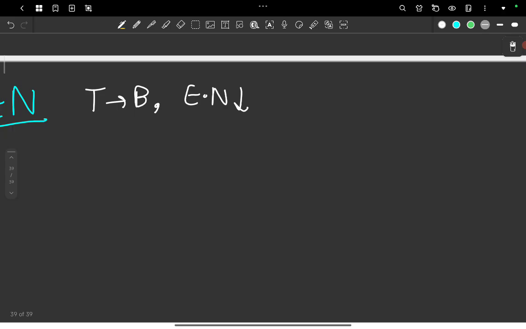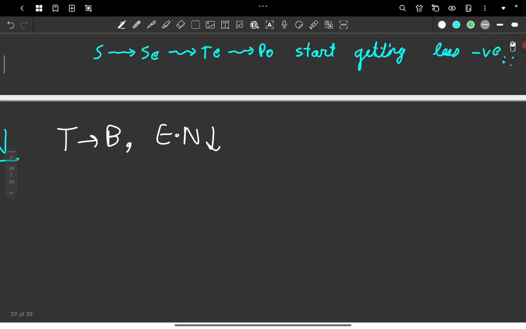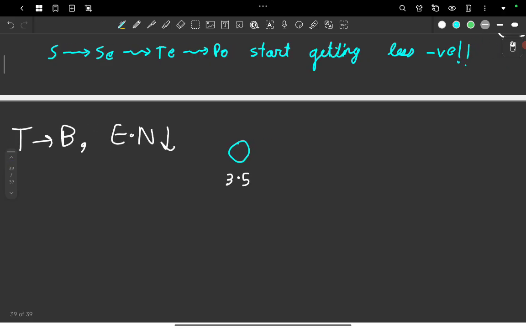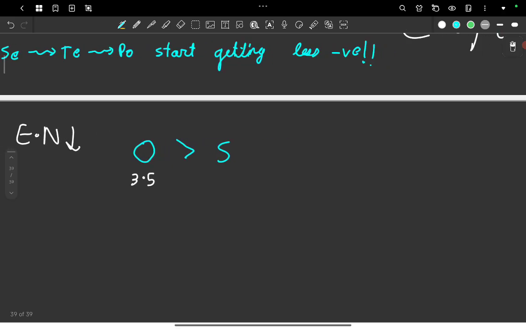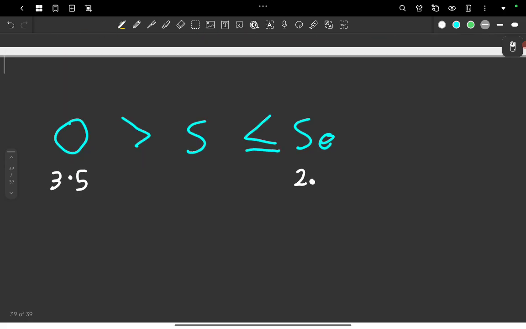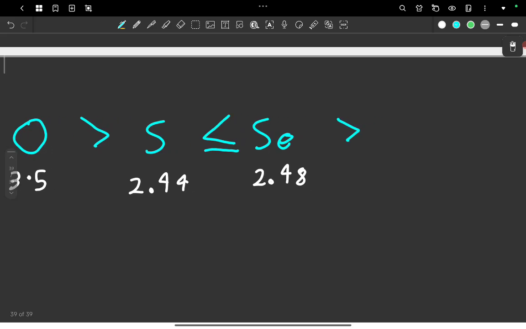But if you go by the table which they have shown, then it shows you that oxygen is most electronegative. That isn't a surprise. Oxygen is the second most electronegative element in the entire periodic table, and after that comes sulfur. But sulfur and selenium are almost equal, but selenium takes the lead by just 0.04 difference, and then again this decreases from selenium to tellurium and then to polonium.